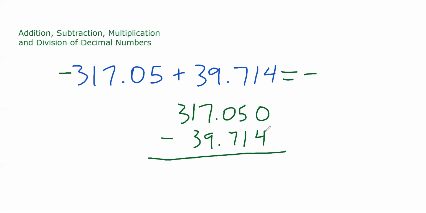Okay, 0 minus 4, we can't do it, can we? So we need to borrow, if you remember that term, from this guy and say that it's really 10 minus 4, which is 6. 4 minus 1, 3. 0 minus 7 we can't do, so once again, we're going to have to borrow.